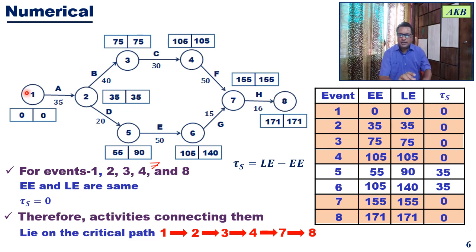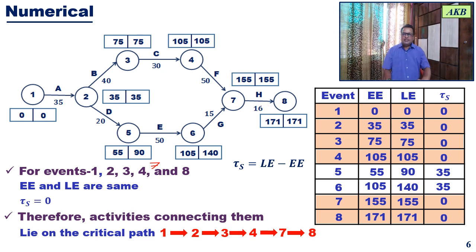Okay, so the critical path starts at event 1, goes to event 2, to event 3, to event 4, to event 7 and to event 8. So that will be the critical path. In this way, we have used values of slacks for all the events to identify the critical path.